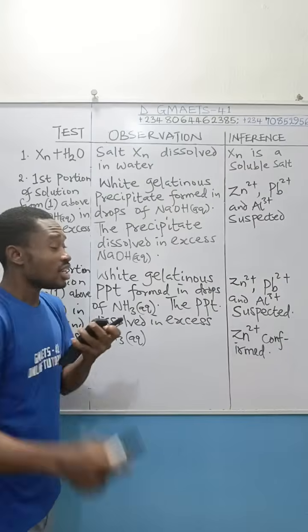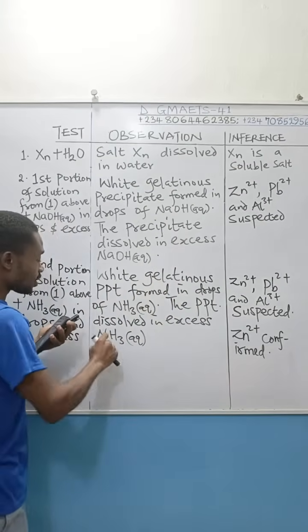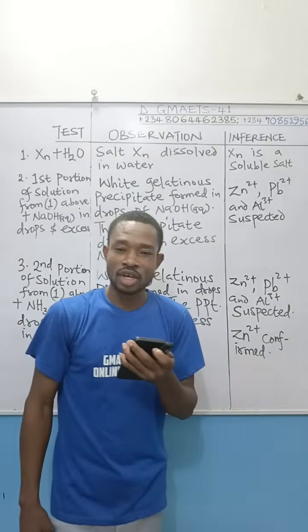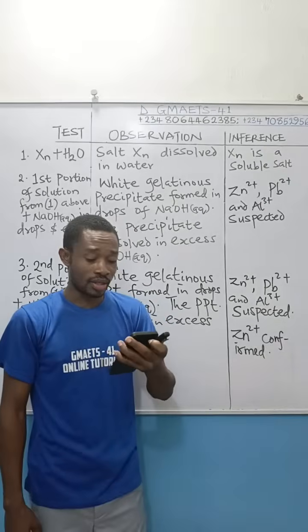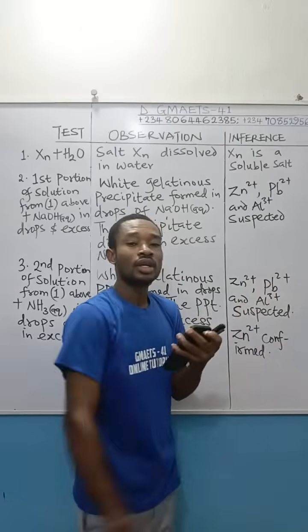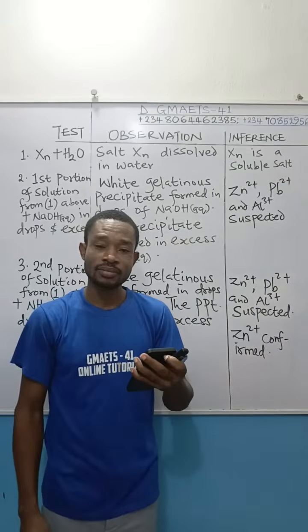But like I said, if this was not zinc and it is meant to be lead, you must see that in another portion, you'll be told to add potassium iodide or potassium tetraoxochromate 6, because that is the reagent used specifically for lead. Let me say this, you can put it down because I'm not going to analyze that.